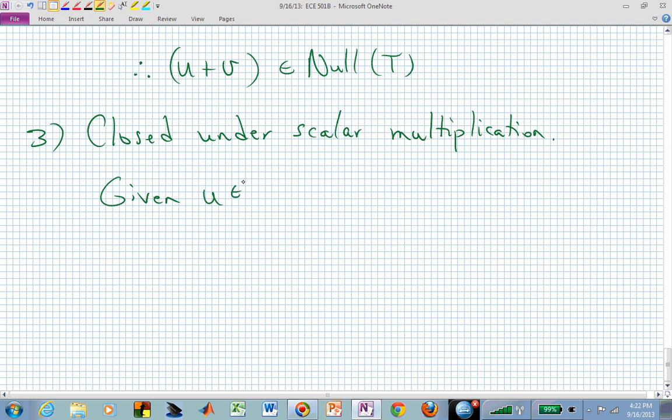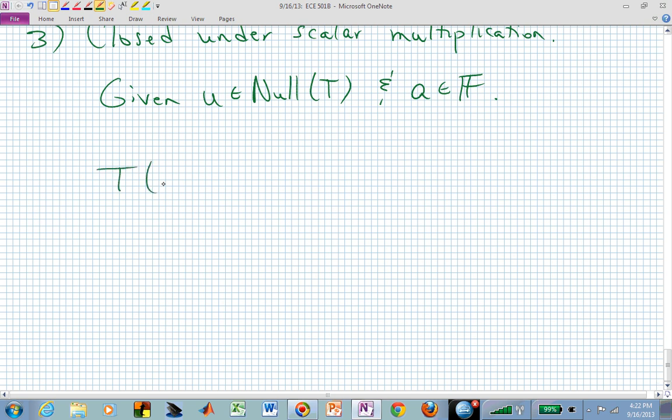Now we take a vector in the null space of T, let's call that u, and we take a scalar that's in our field of numbers, which let's say is an element of F. Now we look at T of a u, but the linearity property of this linear map allows us to say that's a times T of u, but T of u, since u is in the null space of T by definition, is 0, and any scalar times the 0 vector gives us back the 0 vector.